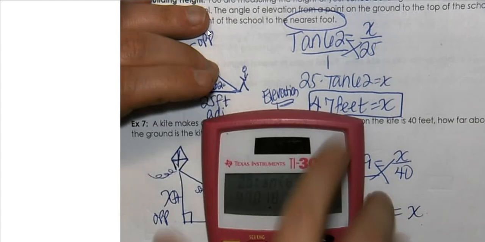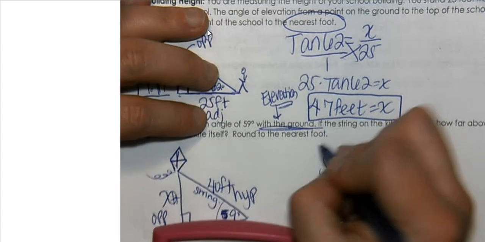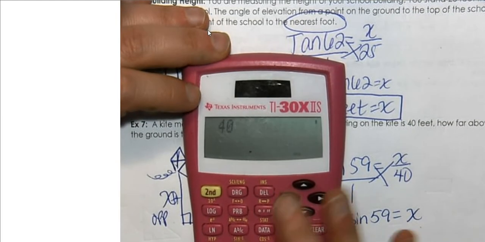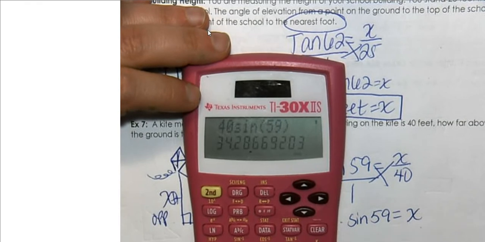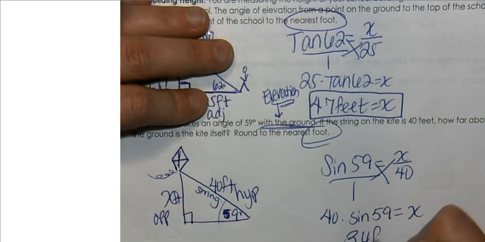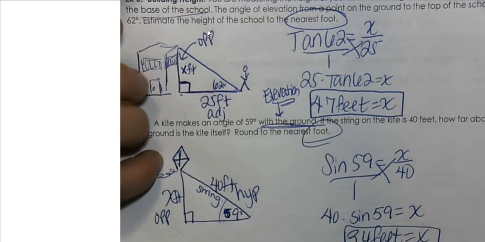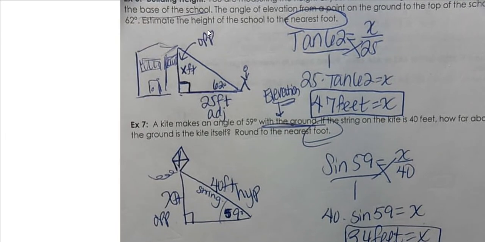I'm going to put this directly into my calculator, and we once again want to round to the nearest foot. So 40 times the sine of 59, and we end up with 34.28, so about 34 feet is equal to x. And that's how high that kite is above the ground.